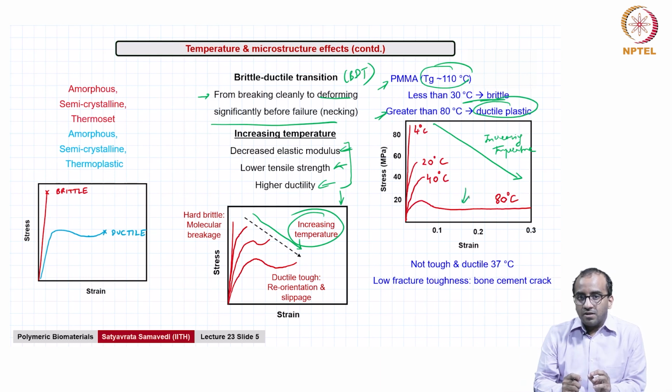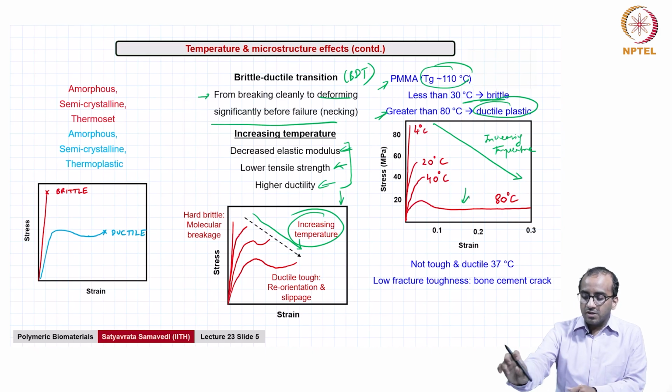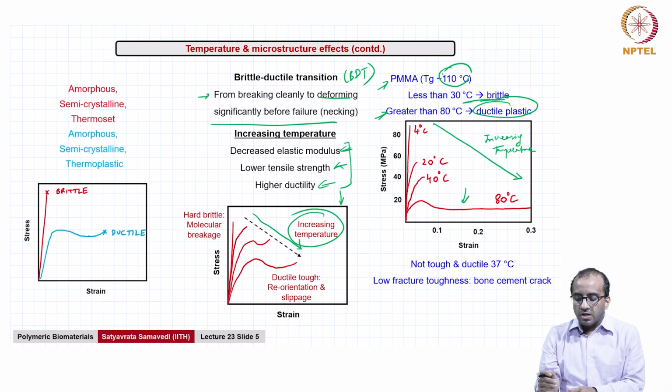Same material, depending on the operating temperature vis-a-vis the Tg being close to 105-110 degrees Celsius. As you start approaching that temperature, you start to see that what was initially glassy and brittle at much lower temperatures has now become more ductile, plastic-like behavior at much higher temperatures as you approach Tg.